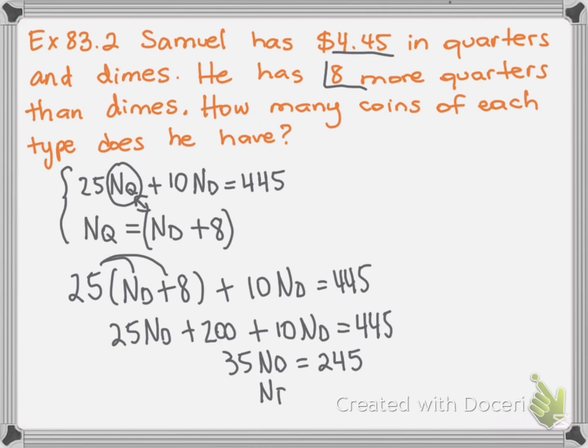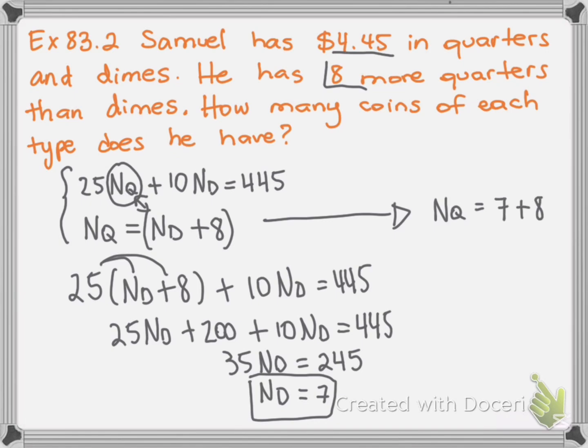And if we pass the 35 to divide, then the answer is going to be 7. So we know there are 7 dimes. Now again, we go back to the original equation, and it says that NQ is ND, which is 7 plus 8. So NQ, or the number of quarters, is 15. So now we know that there were 15 quarters and 7 dimes.